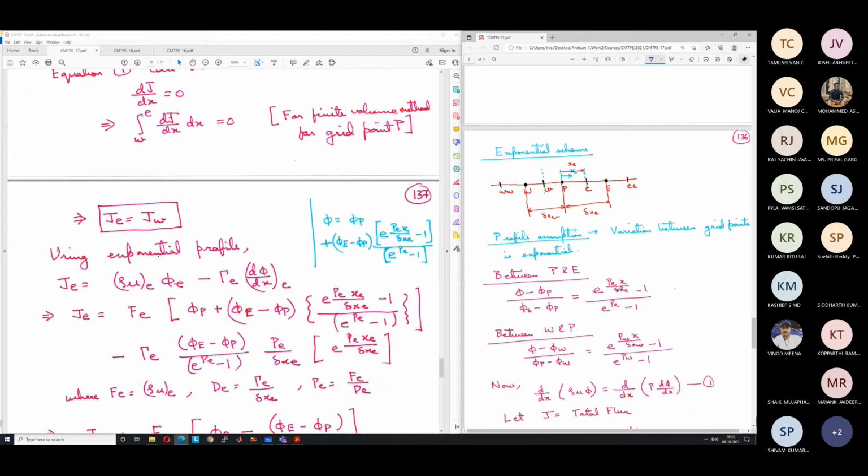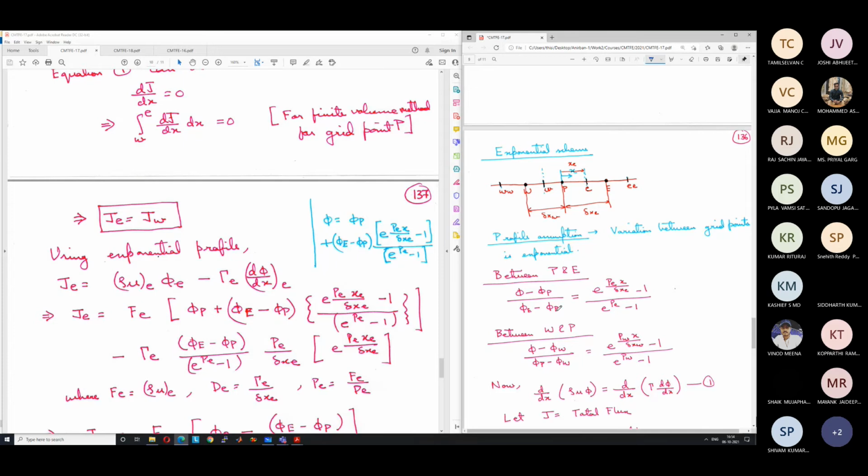On this side you have e to the power px by delta xc. If you take a derivative with respect to x, p by delta xc comes out, times e to the power px by delta xc. The minus 1 goes to 0 because the derivative of a constant is 0, divided by e to the power p minus 1.